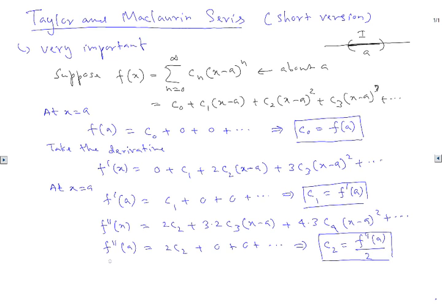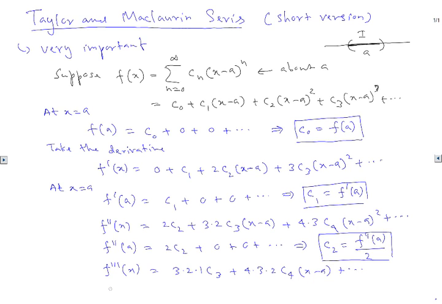So keep doing. What's going to happen in the next one? If you take the third derivative, then 3 times 2 times 1, c3, plus from the next one you get 4 times 3 times 2, c4 (x minus a), like that.